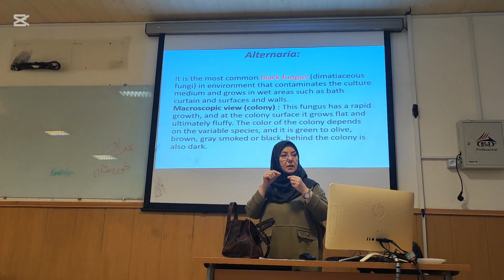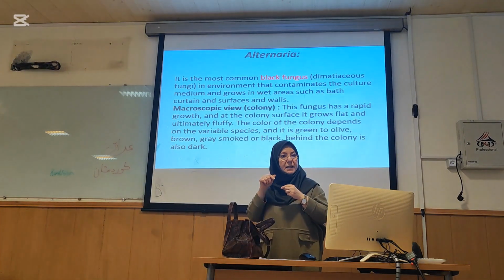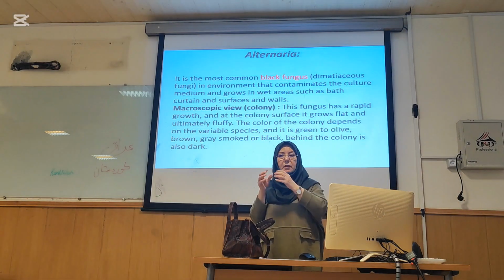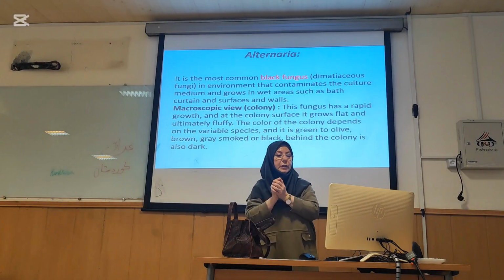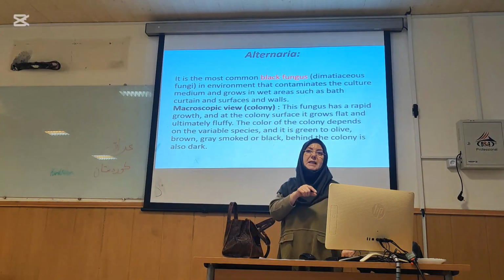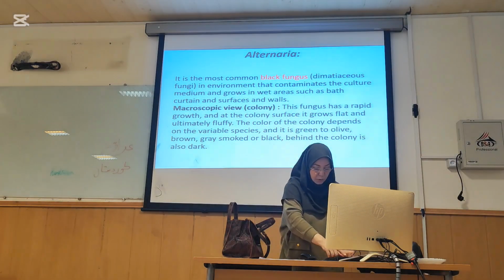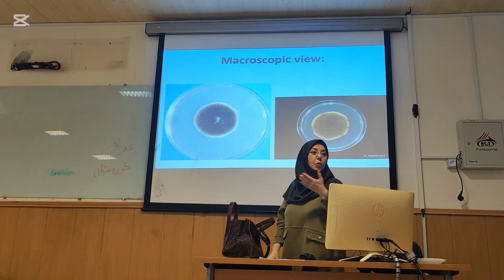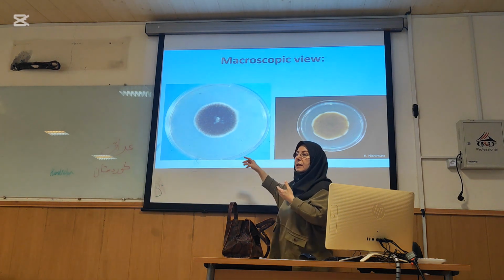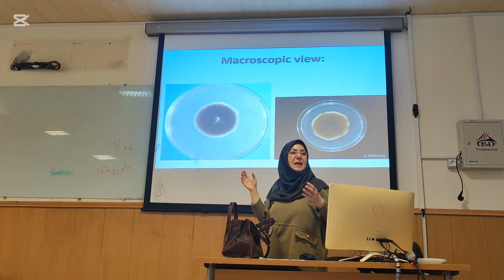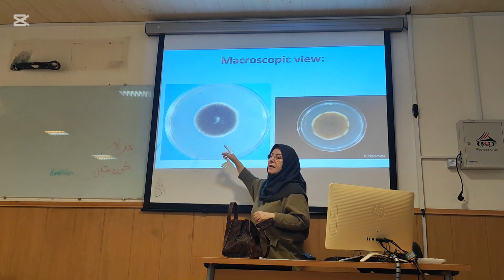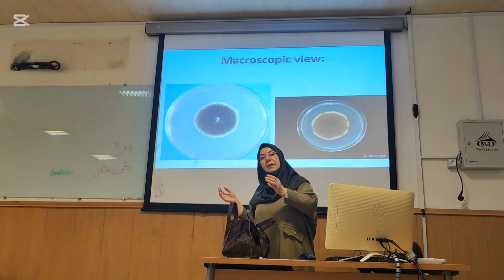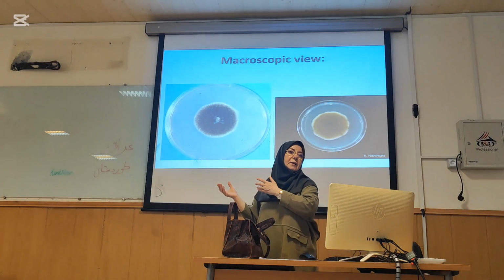Because of the presence of melanin in their cell wall, you can see the brown color on the macroconidia. Because this group of fungi has melanin in its cell wall, all of these dark fungi have a black colony. At first the color of the colony is olive, and gradually tends to brown, dark and black.